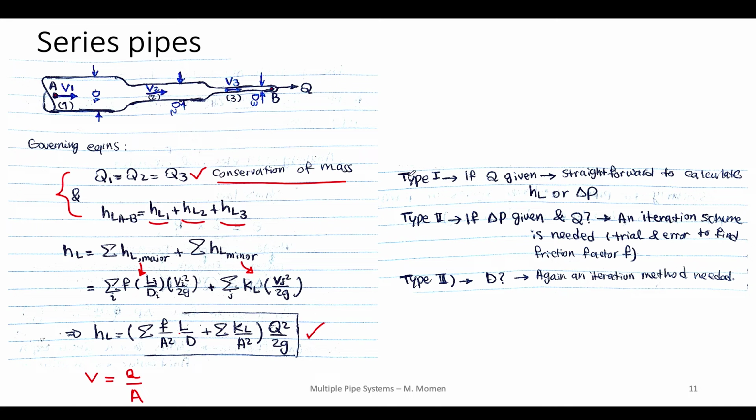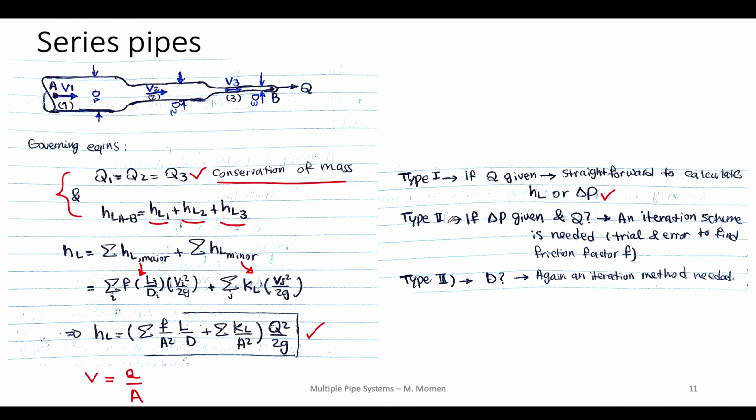So this is the type 1 problem where we have the Q, and now that you have Q, you just write the energy equation, and then you calculate h_L or delta P.